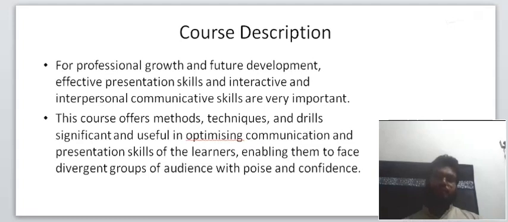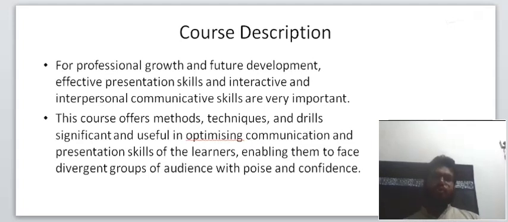In simple words, in today's world, knowledge is not sufficient unless you have the skill to convey your ideas to other people in an easily understandable way. So these skills of presentation and communication are very essential for all the students.